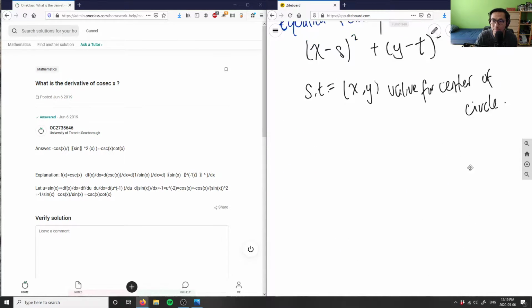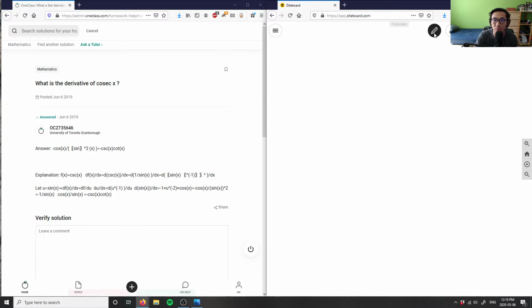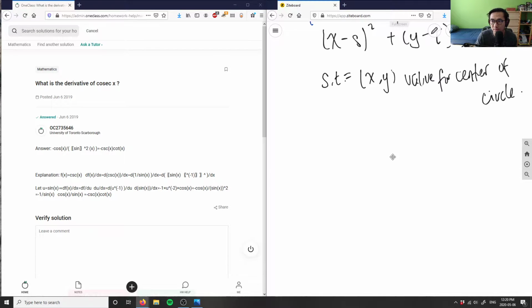Okay, that's number 3. Number 4 is asking, what is the derivative of cosecant x? Well, I believe they want to say cosecant, but I think they spelled it incorrectly.